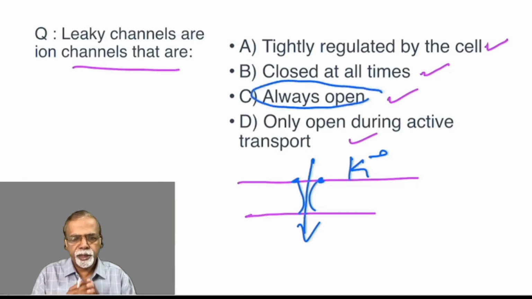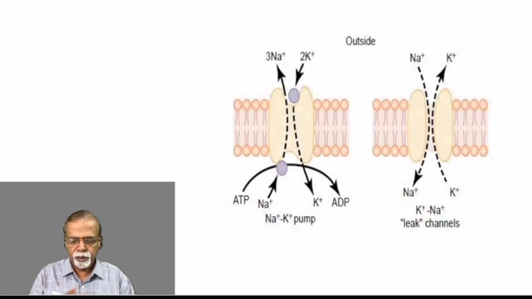So the leaky channels are an example of facilitated diffusion by a specific channel, and these channels are specific for ions. Some only allow potassium, some may allow sodium, like that. So here you can see the leaky channel.